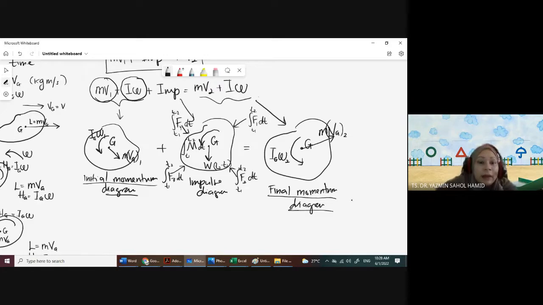For example, MV1, this one we did an example during impulse. MV1 plus I omega, but you must follow the direction. So it can be in what direction? FX. Don't equate FX and FY in one equation. Faham tak, guys?